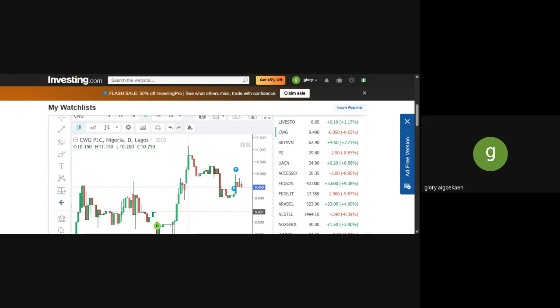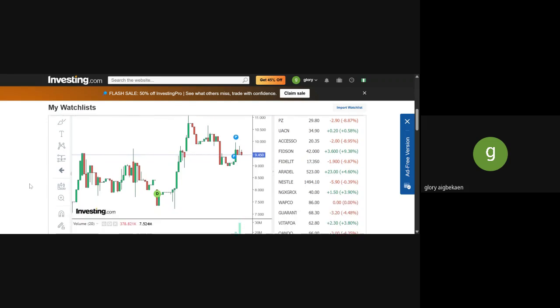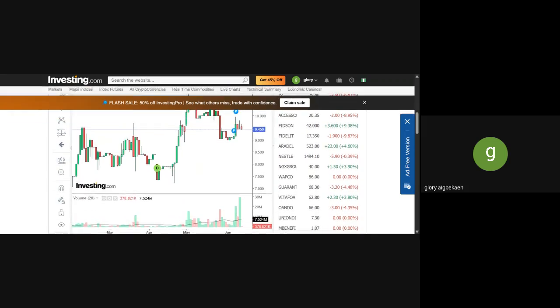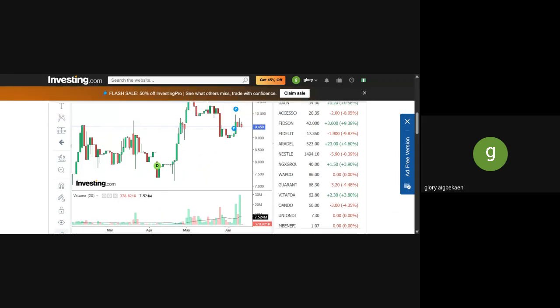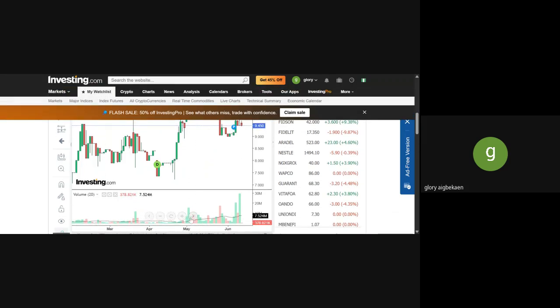But why I really wanted us to look at this chart was this part that has to do with the volume that the stock has been trading. Over this period, the volume was low, 1 point something million, 2 million.